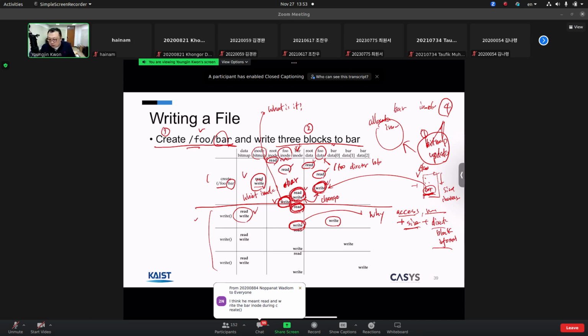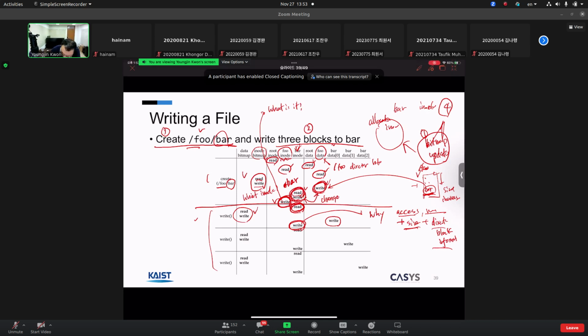I think you mean the read and write of the bar inode during create. Oh, sorry, did I misunderstand? Oh, this one? I'm talking about this one, the bar inode. It's complicated.